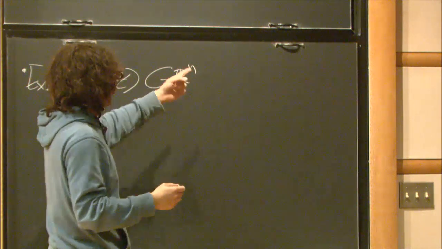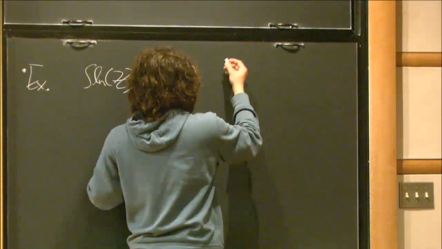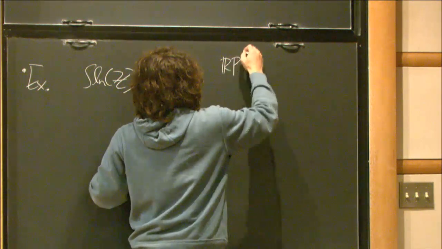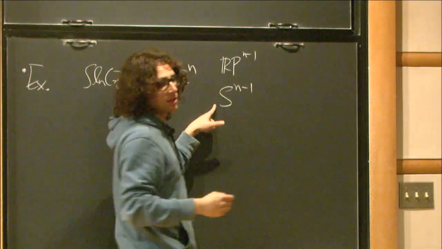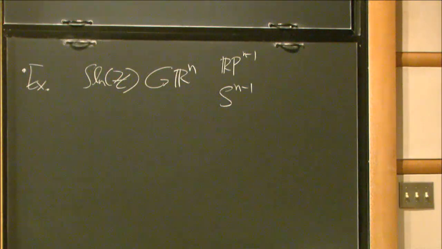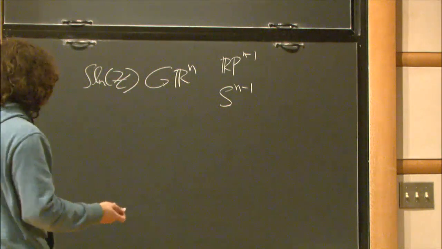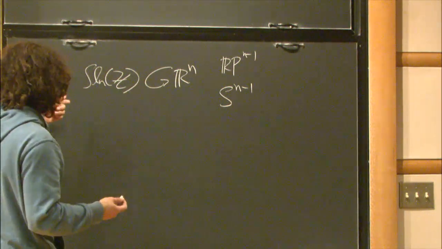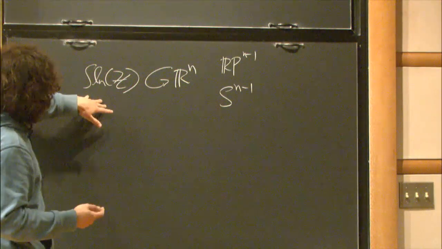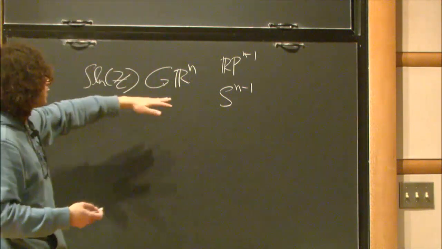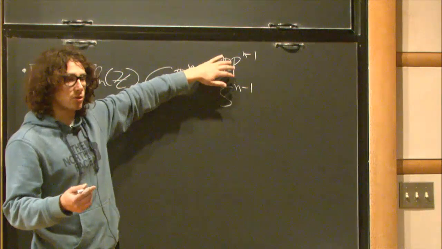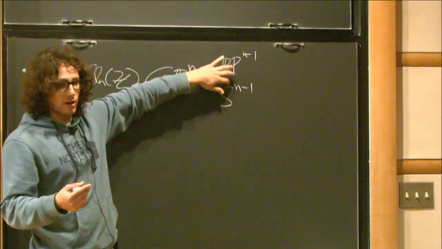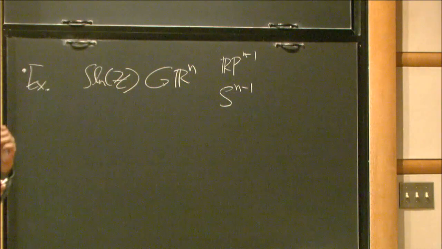And because this action is linear, it induces an action on RP^(n-1) just by projectivizing, but you can also get an action on S^(n-1) by projectivizing by the positive rays. And so the conjecture in this case is that if you have an action on a manifold of dimension equal to n minus 1, then the manifold should be either this or that, and the action should be conjugate by some diffeo to one of these standard actions.